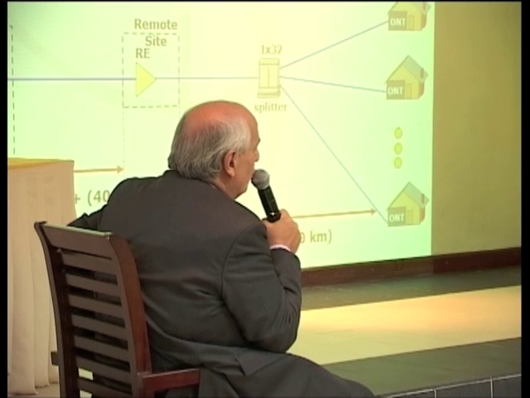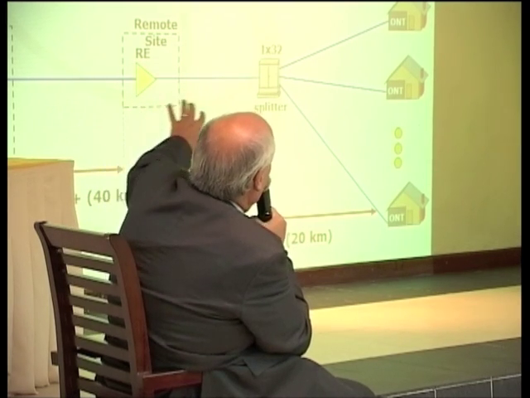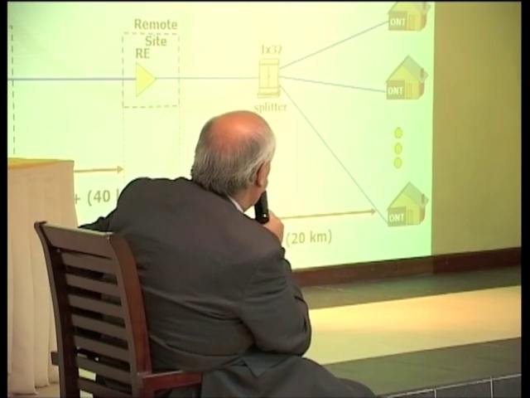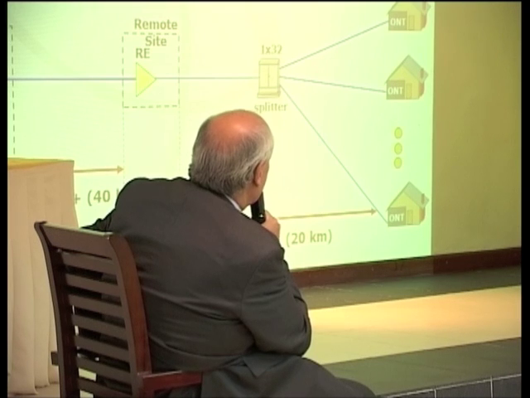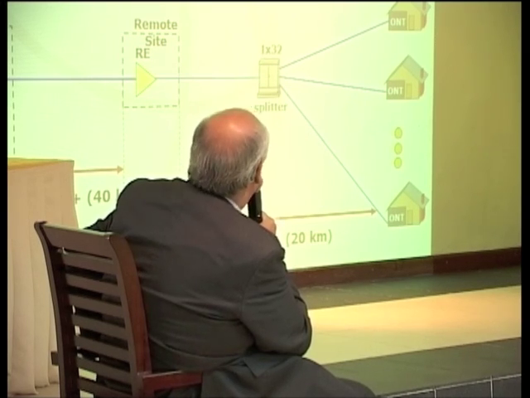What I am doing in simple words is to have a replica of the OLT at a distance of 40 kilometers from the central office. All the rest is exactly the same. What's the reason for having longer reach?